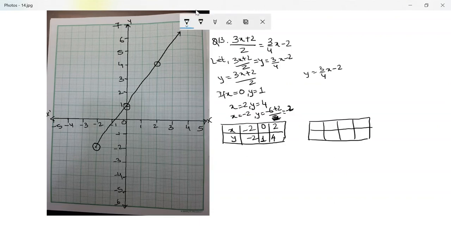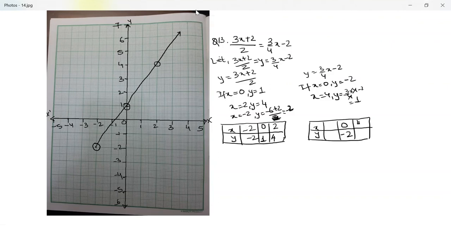Let's look at the other one. Y is equal to 3 by 4x minus 2. So if x is equal to 0, y will be equal to negative 2. Next one, x is equal to 4, y will be equal to 3 by 4 into 4 minus 2, that's 3 minus 2, which is 1.